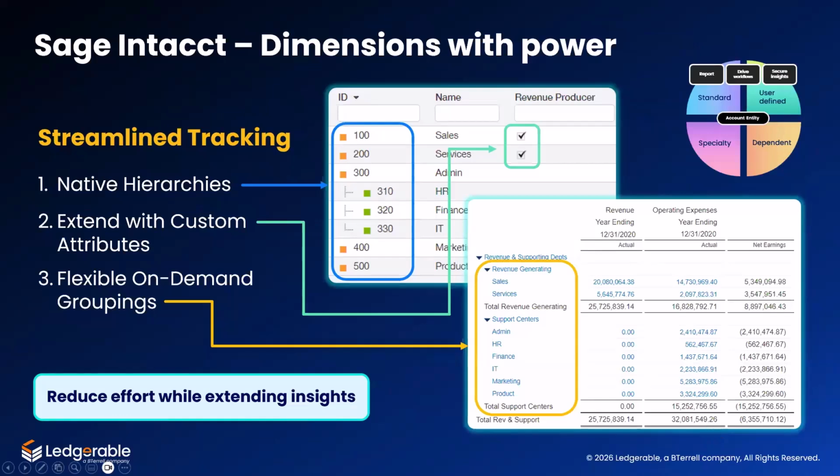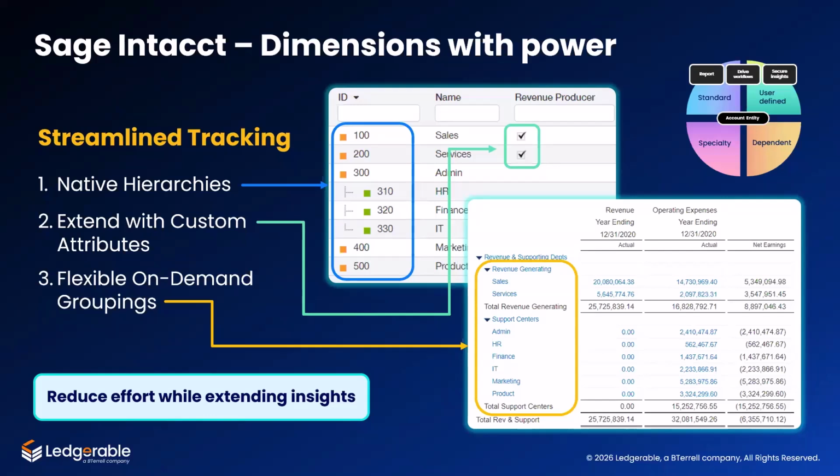So dimensions let you build clean, flexible hierarchies for the creation of parent, child, and grandchild relationships. Please focus on the blue rectangle around the middle. This shows admin having a parent-child relationship with HR, finance, and IT. You can also add custom attributes such as revenue producer, and that's shown in the turquoise rectangle.